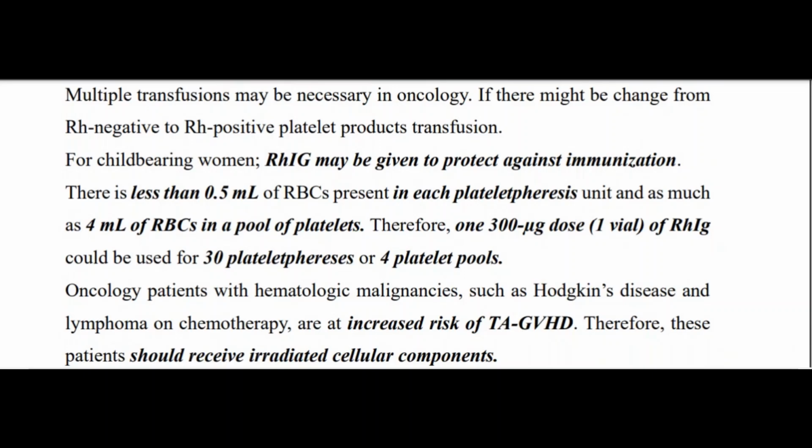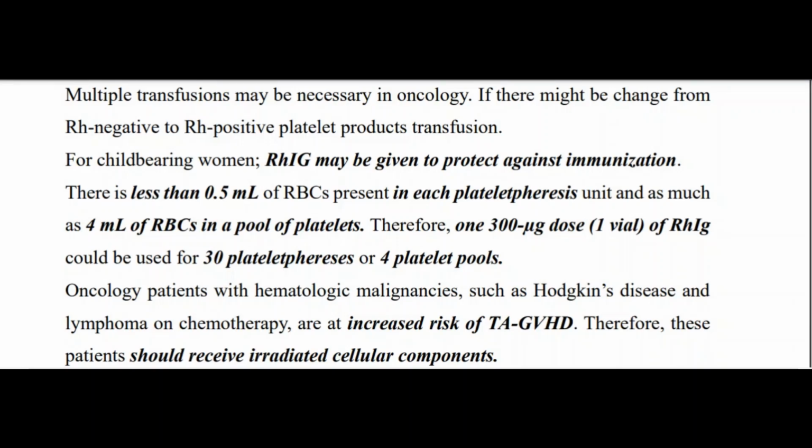So in that case, it is very important to give some rhesus immunoglobulin to protect against immunization, because some RBCs found in platelets can accumulate in the patient, which can actually cause immunization.